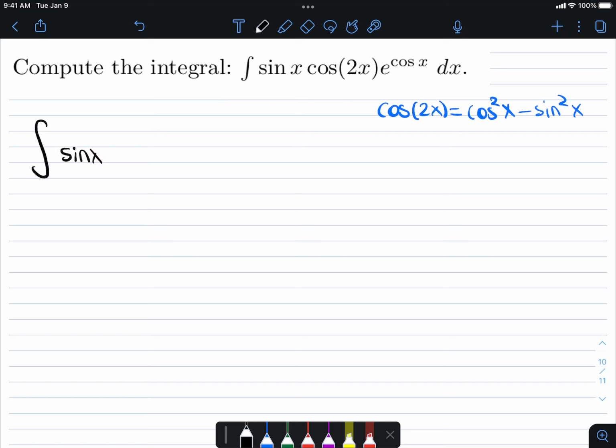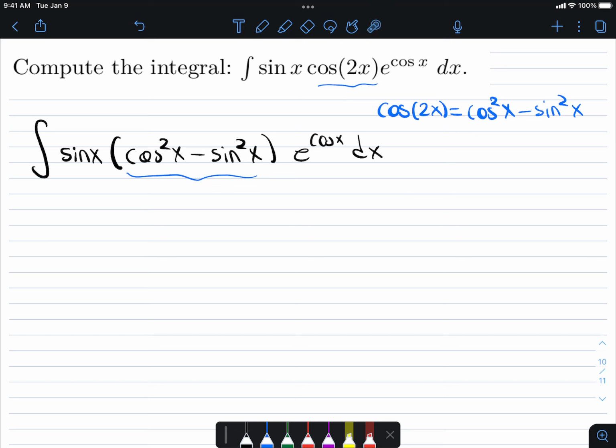I have the sine x times the cosine squared x minus the sine squared x, so that is this. Maybe I can do it in blue. And then e to the cosine of x dx. I'll handle this e in a second, but right now, as I look at it, together with the e to the cosine, I have another cosine squared, but I have a sine x that can easily be absorbed together with this dx.